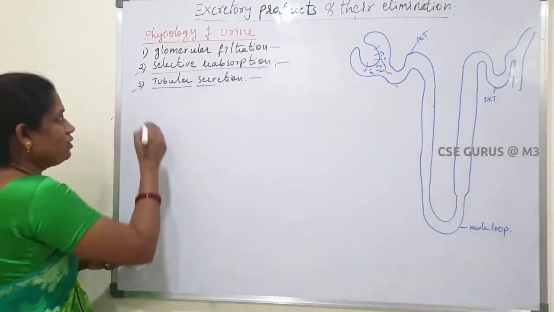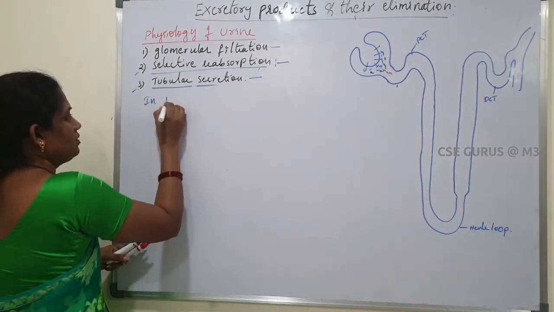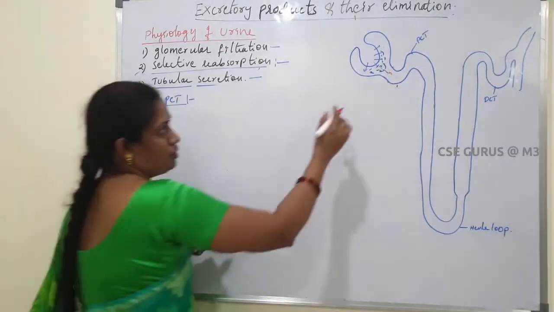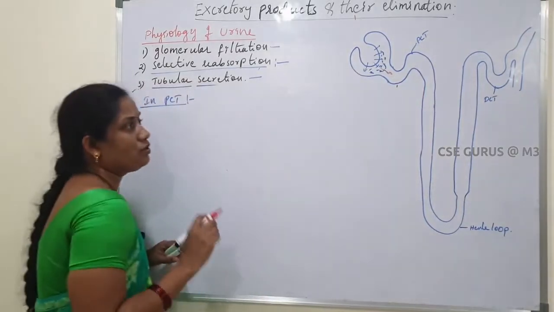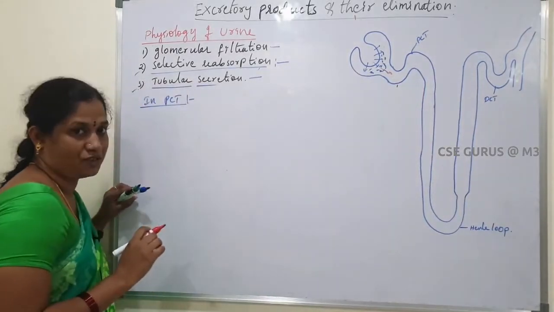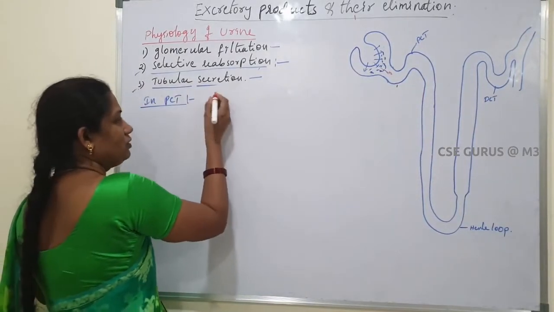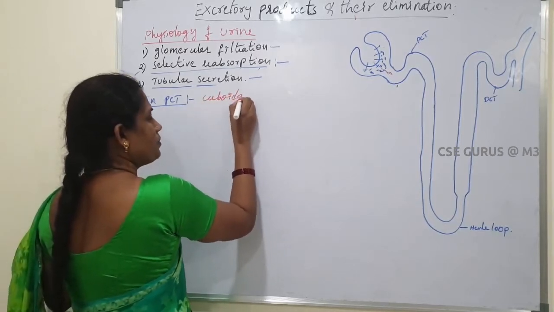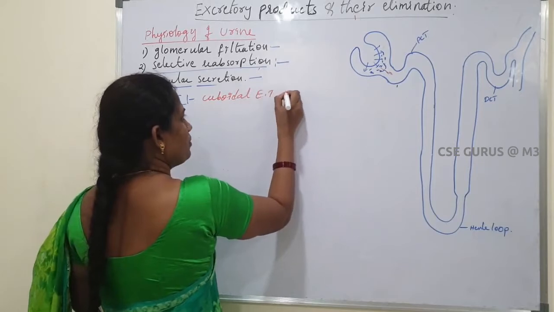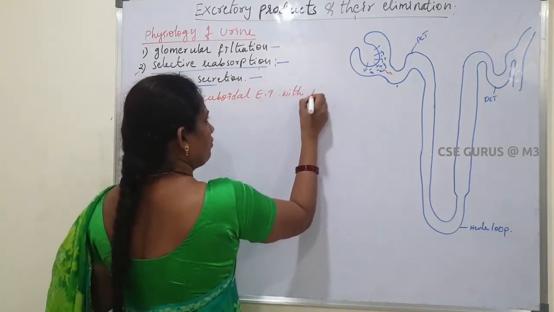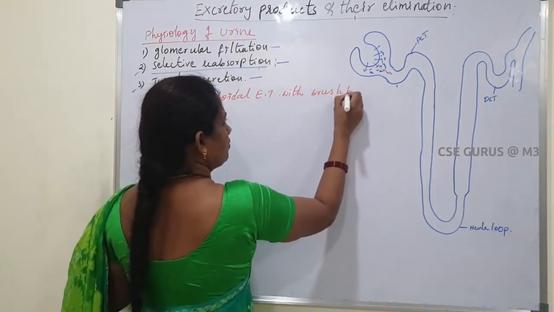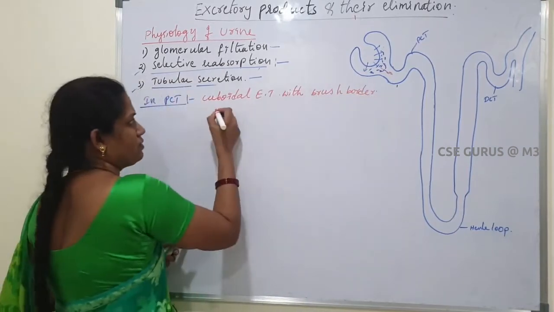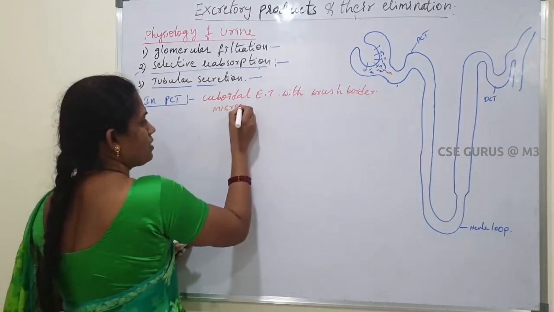First, the PCT, the proximal convoluted tubule. We have already learned the structure. The inner lining is mainly made up of cuboidal epithelial tissue with a brush border. Brush border means many microvilli are present.